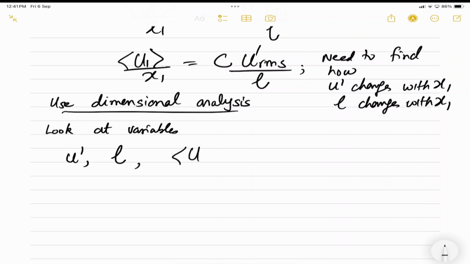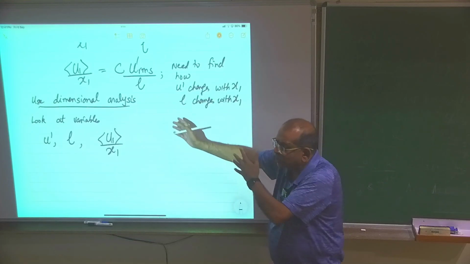So x1 should be one of the variables, but x1 doesn't come alone, it comes with a mean velocity, because the flow is being convected with the mean speed. So wherever x1 comes, the mean of u will always go with it, and it is a constant. x1 is independent because that's what we want to find, but with it the mean of u will always go, because you are talking of a flow which is convecting with this scale.